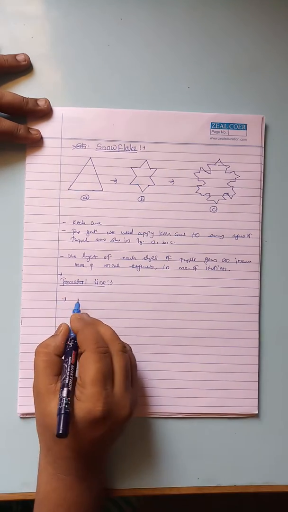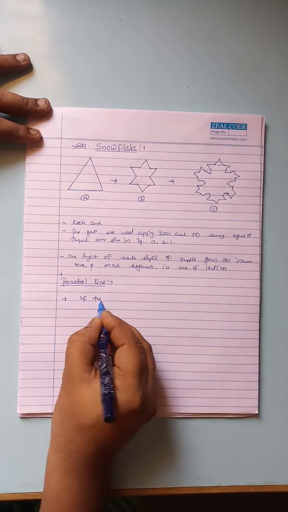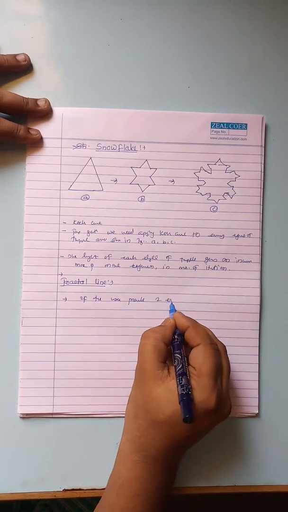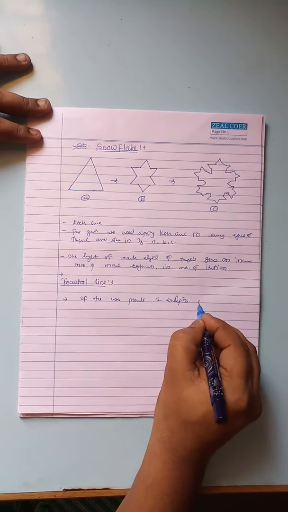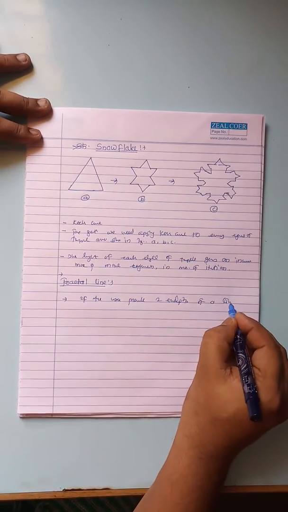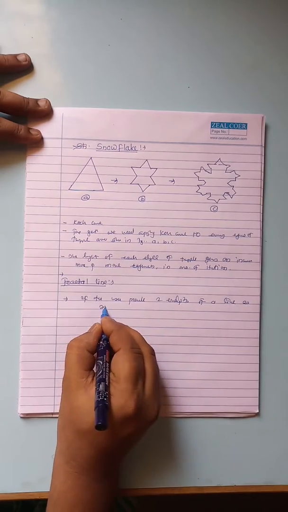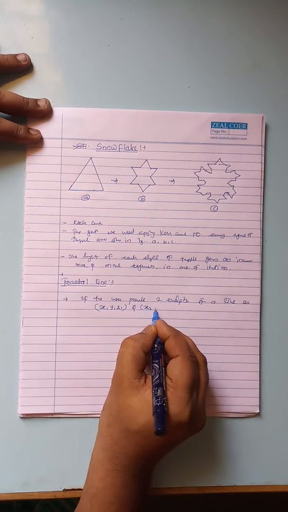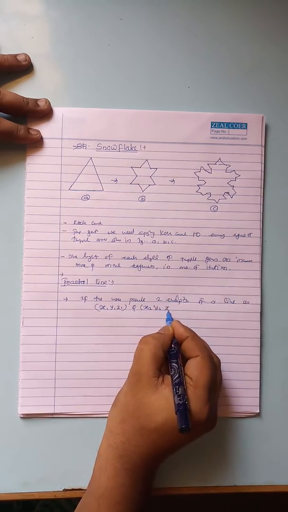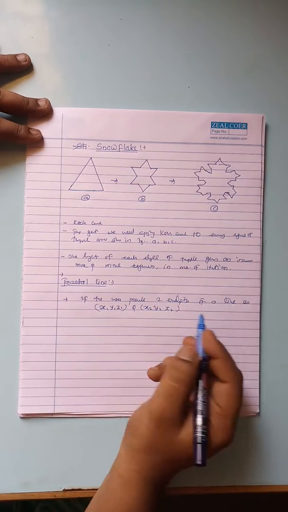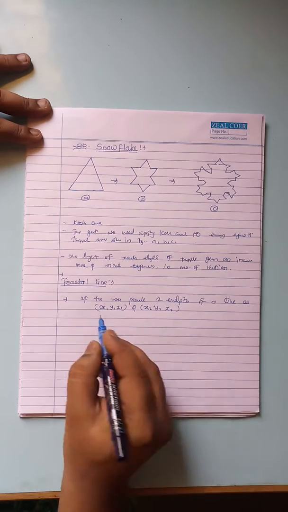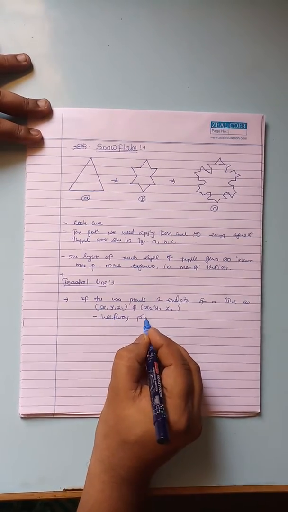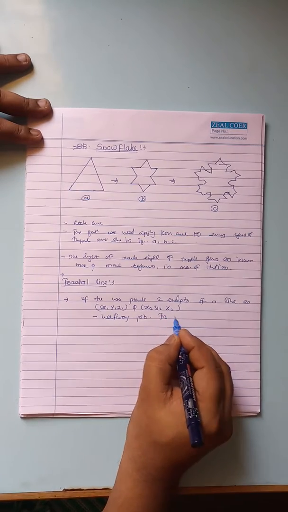First step, the user provides two endpoints of a line as x1, y1, z1 and x2, y2, z2. Then we have to find the halfway point for the fractal.